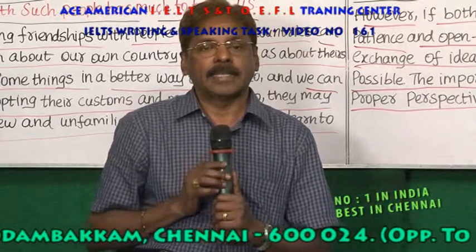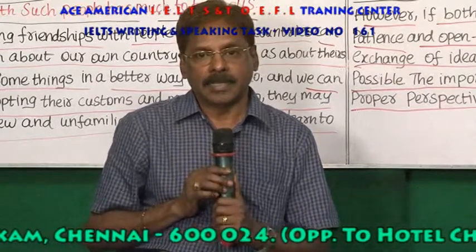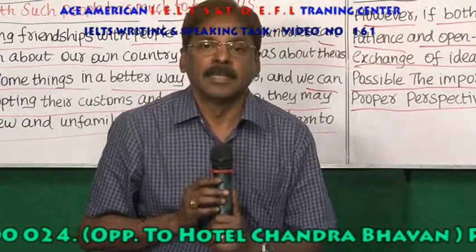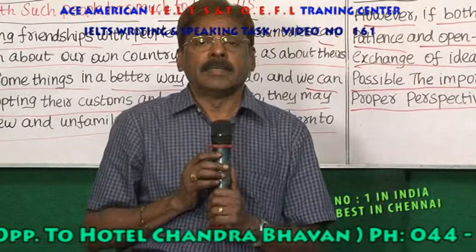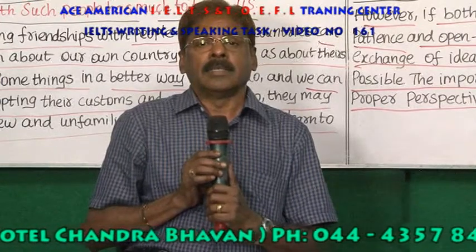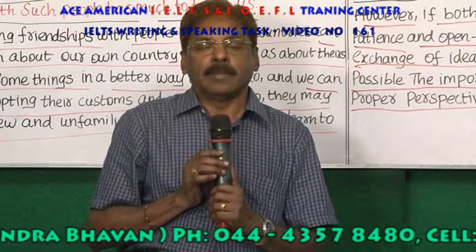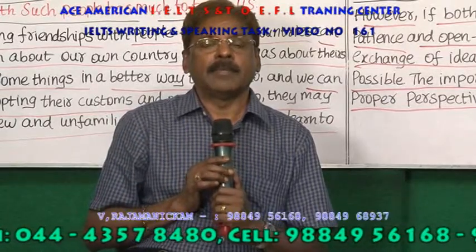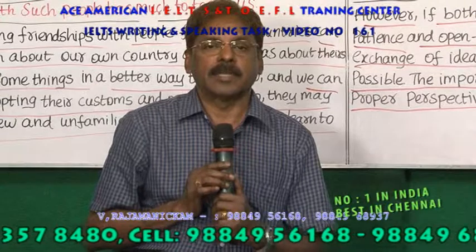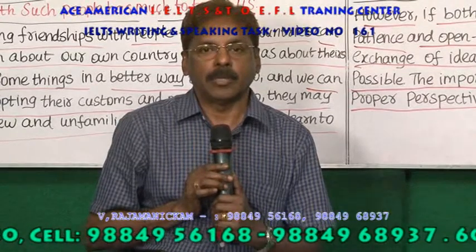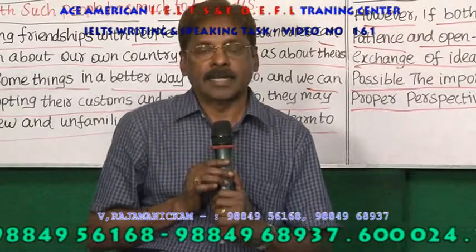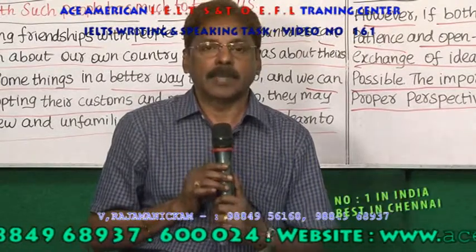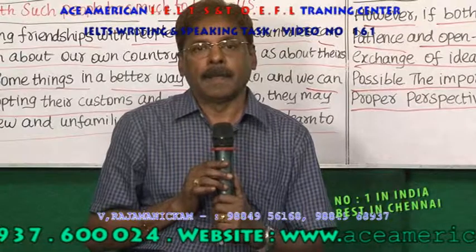In the second case, if you have friends of different tastes, different character, different quality, then when you interact with this friend, you may come to know various types of knowledge pertaining to our place, other places of our country, and other places of the world.